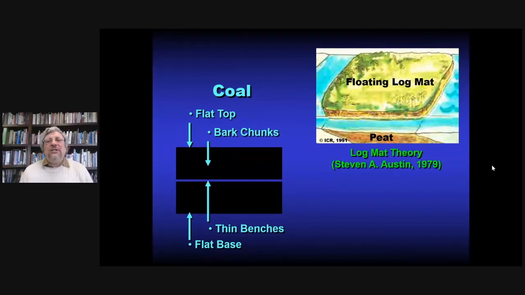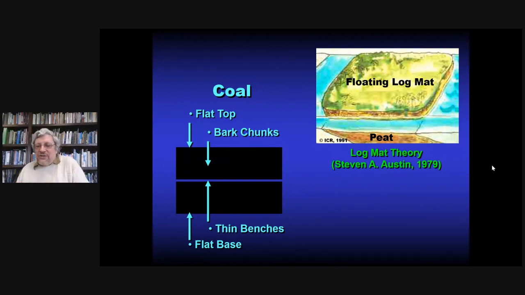So Steve Austin came up with an idea that in fact it was floating logs, not a floating forest, floating logs. He clarified to me years ago that my floating forest thing had nothing to do with his floating log. He has these hollow logs floating around, rolling up against one another, peeling off the bark as they roll, and the bark falling down to the bottom of the body of water that the floating logs are floating on.